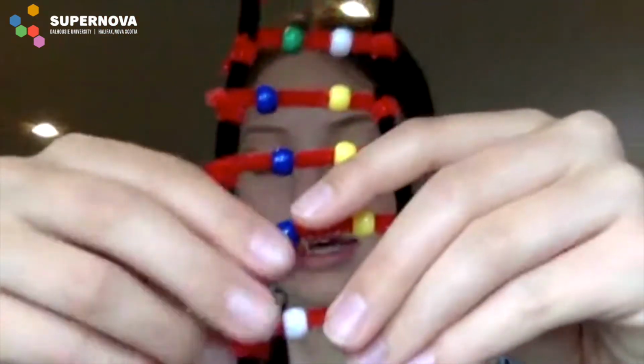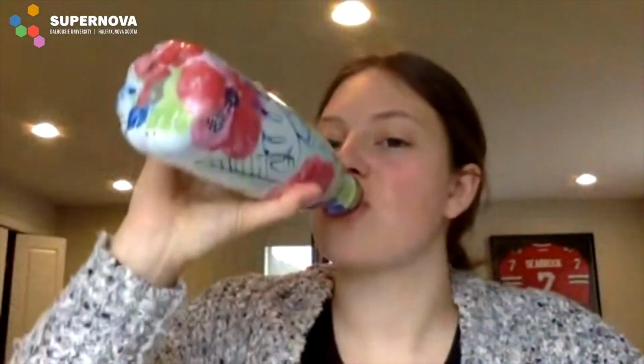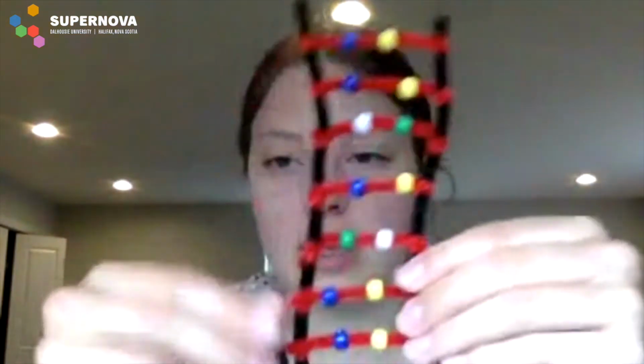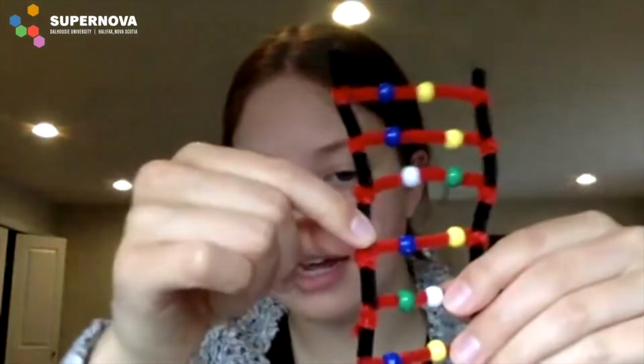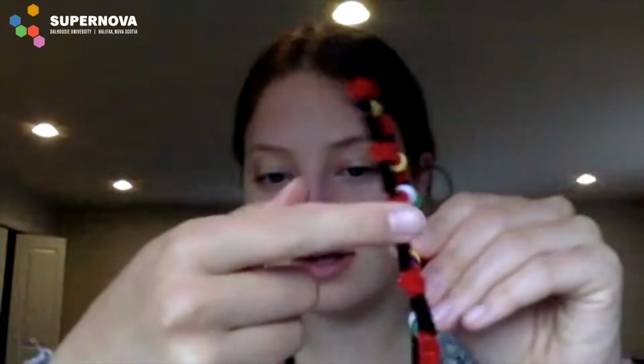But where do you guys think the sugar group and the phosphate group are in the DNA model that we had talked about? Does anybody know? They make up something in our DNA model. The sugar group and the phosphate group can actually be found in the DNA backbone. So those are right here.